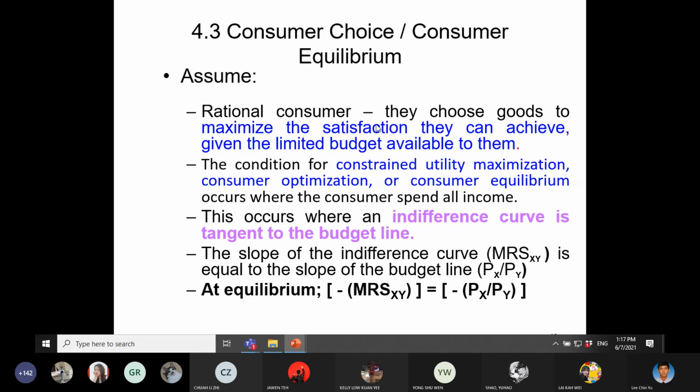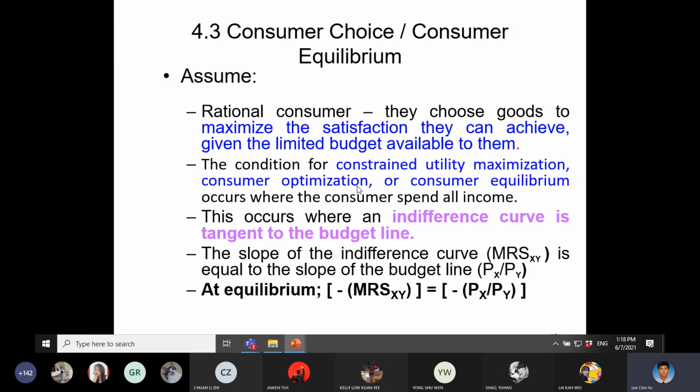They choose goods to maximize the satisfaction they can achieve given the limited budget available to them. So they try to utilize all the money that they have in order to maximize the utility or the satisfaction. The condition for constrained utility maximization, right?